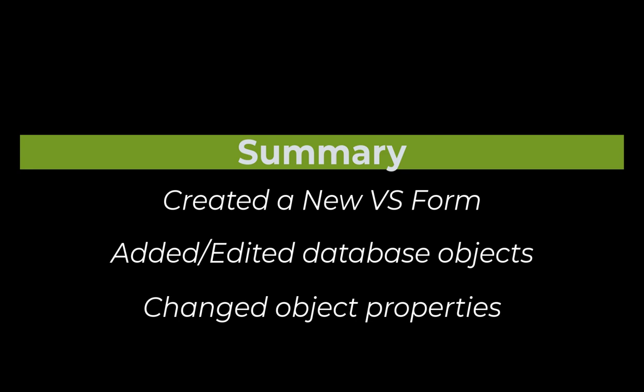We then changed the athlete binding navigator to show only the options that were required, and then we learned how to run or start the project running and also stop the project.